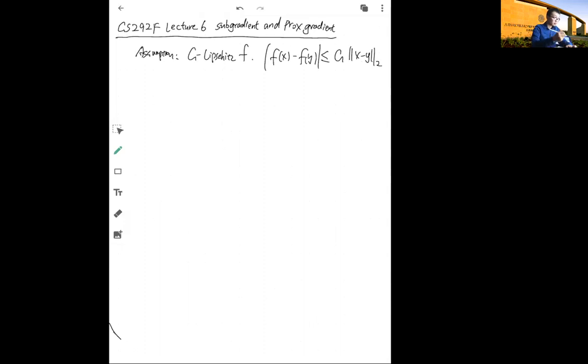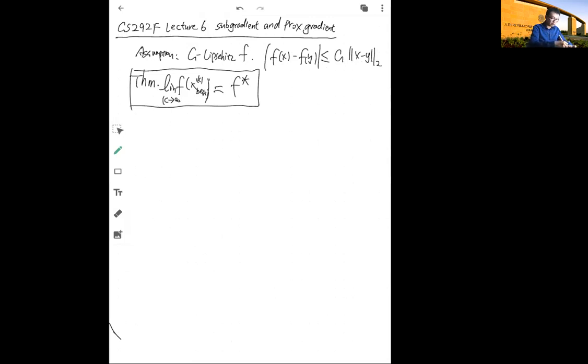And the theorem: f(x_k best), as k goes to infinity, is equal to f star. Okay, this is what we're trying to prove.